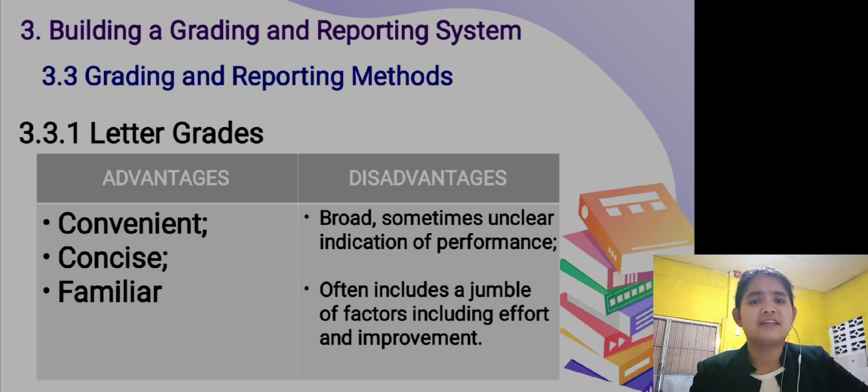First, the letter grade. Despite the apparent simplicity, the treatment of letter grades is not always clear. What the teachers would like to communicate with a particular letter grade and what parents interpret that grade to mean often are not the same.